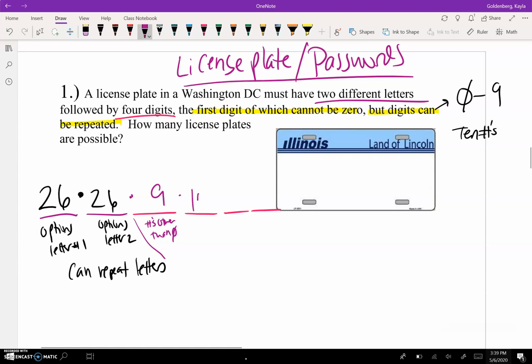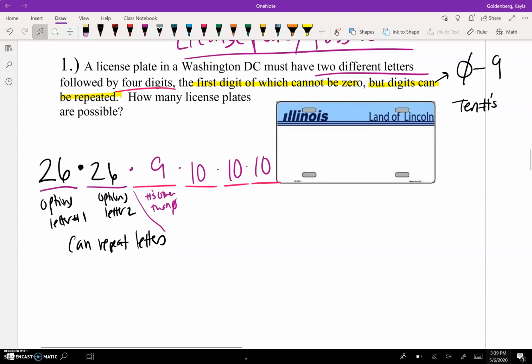Each of these can be any of the digits, so there's 10 options, 10 options, and 10 options. To calculate this, I have 26 squared times 9 times 10 cubed. That's just exponential shorthand. It'll help you do it in your calculator more easily, so you don't have to write it all out.